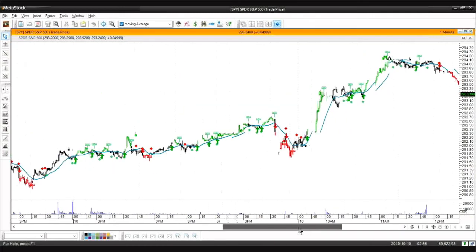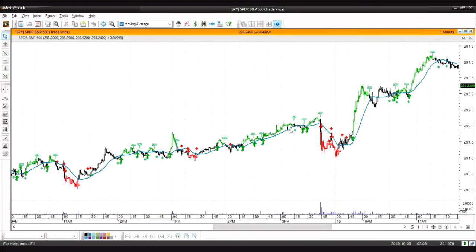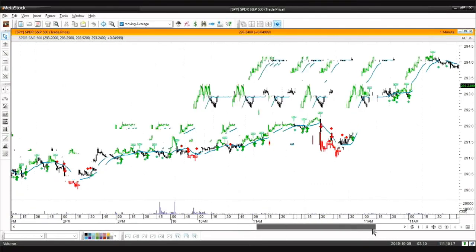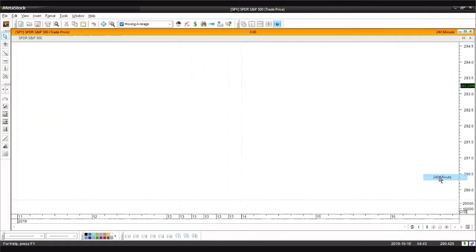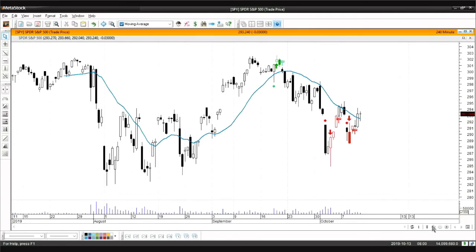Let me try to go back. So, you're going to get the same types of setups along the way. Now, this is the ETF. This is the SPYs, not the mini, but the chart will look the same. The 4-hour time frame, sure, works the same. The hourly, it really doesn't matter.